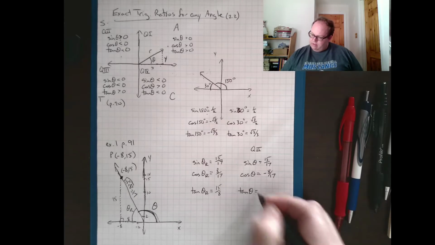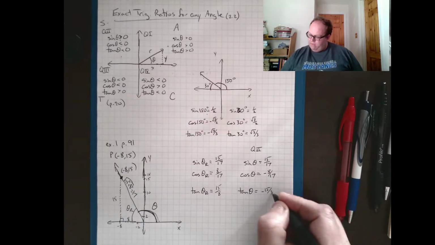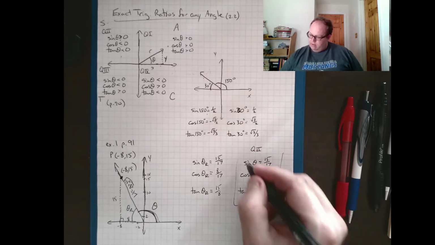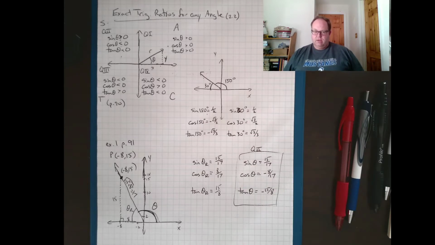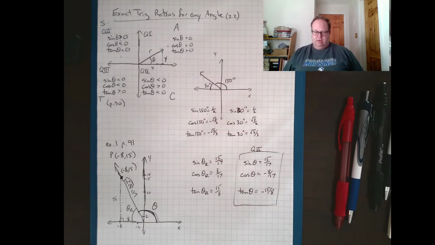And tangent in the second quadrant should also be negative, so this will be negative 15/8. And those are the answers to the question. Those are the primary trigonometric ratios for the angle drawn out by a terminal arm with the point -8 and 15 on it.